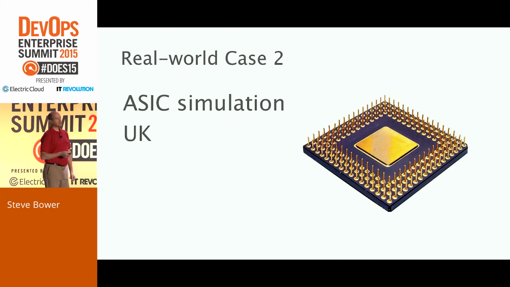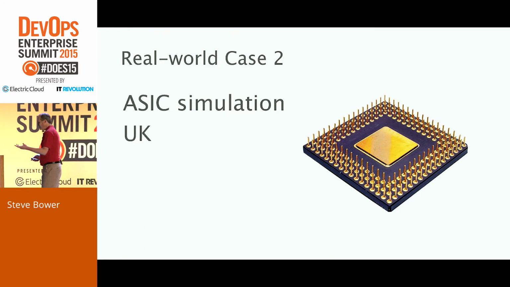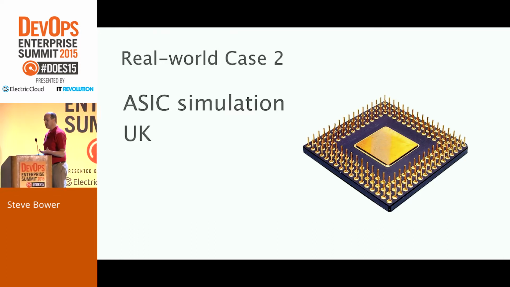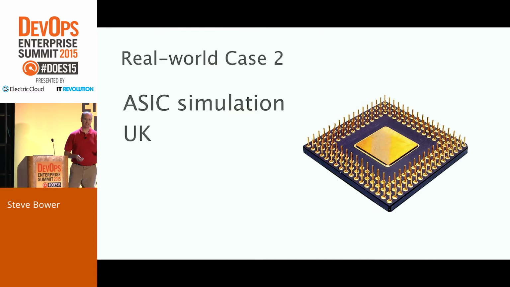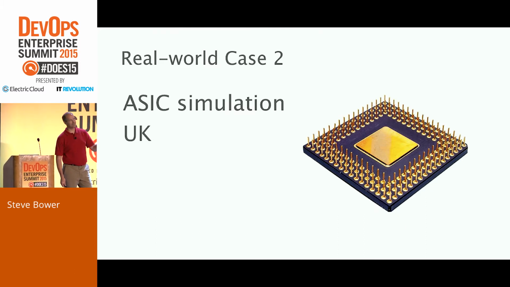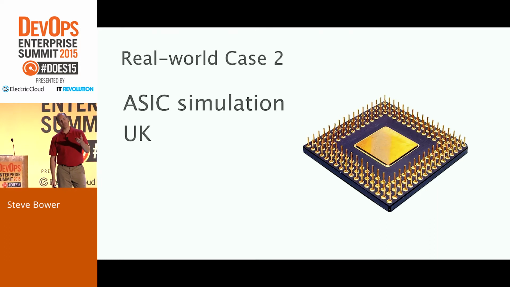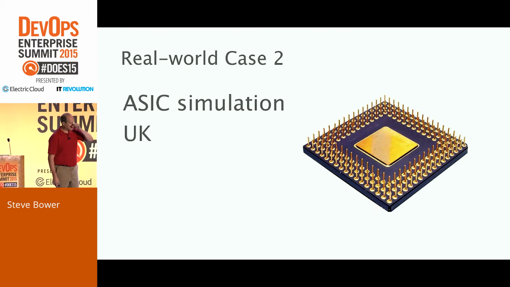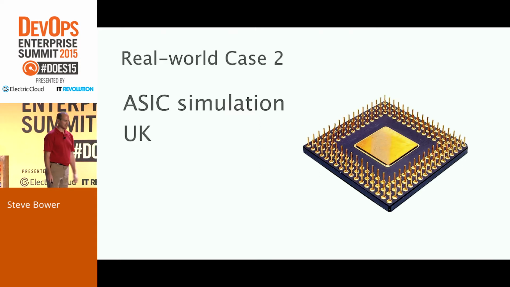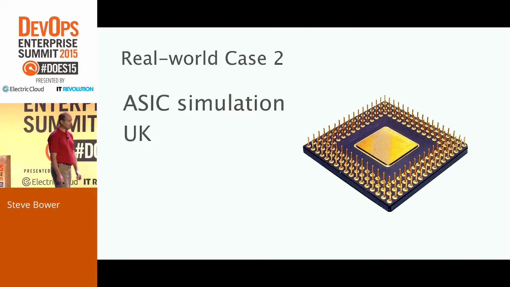Real world case number 2 is a little bit smaller. We had some people who needed to do some ASIC simulations. I forget the exact tools, but the simulations to make sure that your ASICs will print up properly and not overheat and all that good stuff. And they were based in the UK, where we happen to have an Aurora installation.